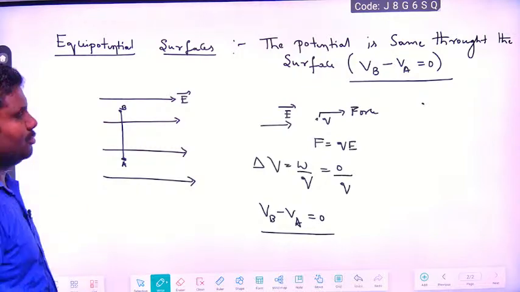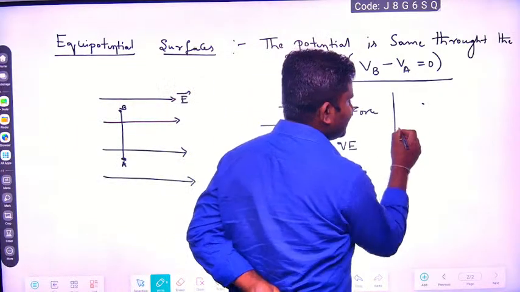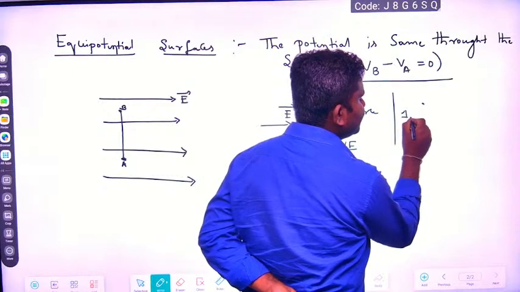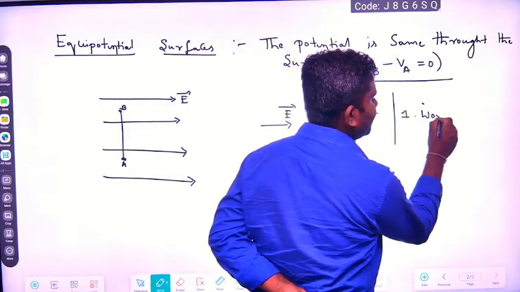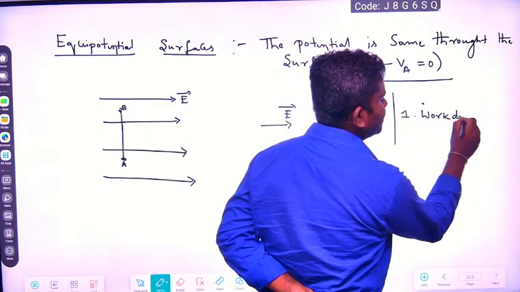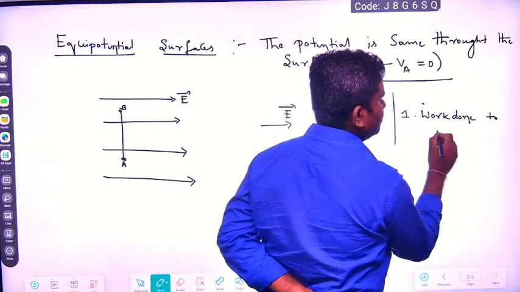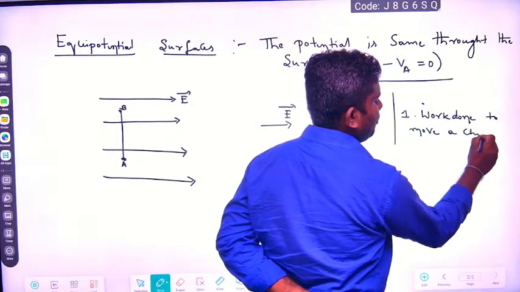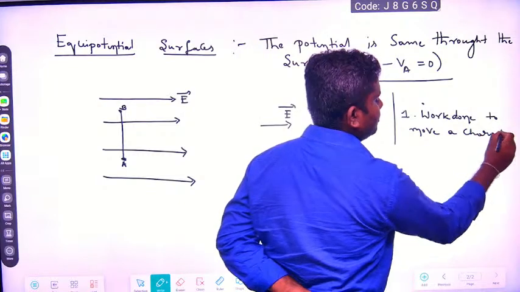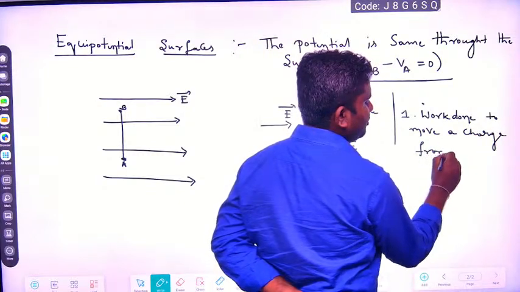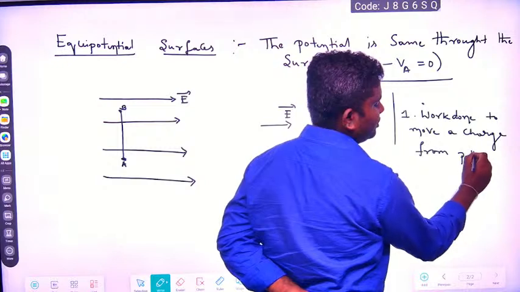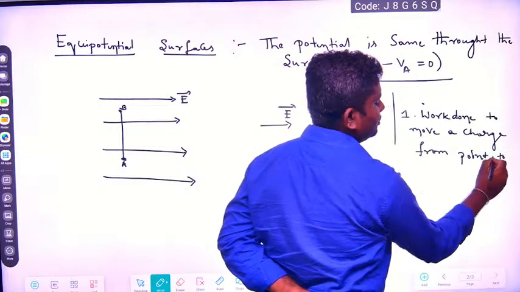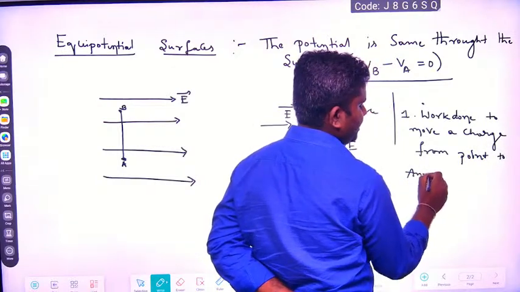If potential difference is 0, it means work done is 0. Work done to move a charge from one point to another point is 0.